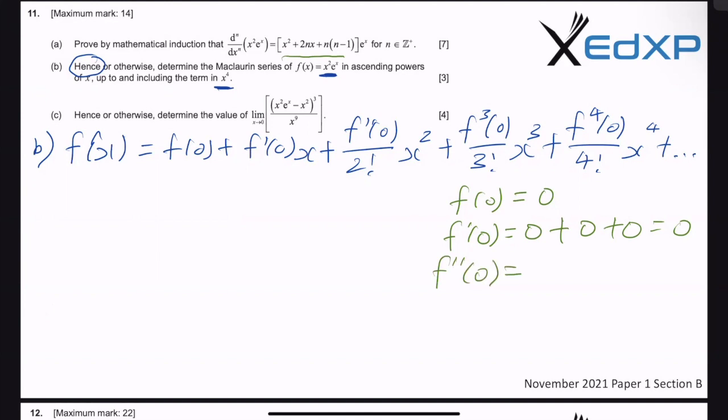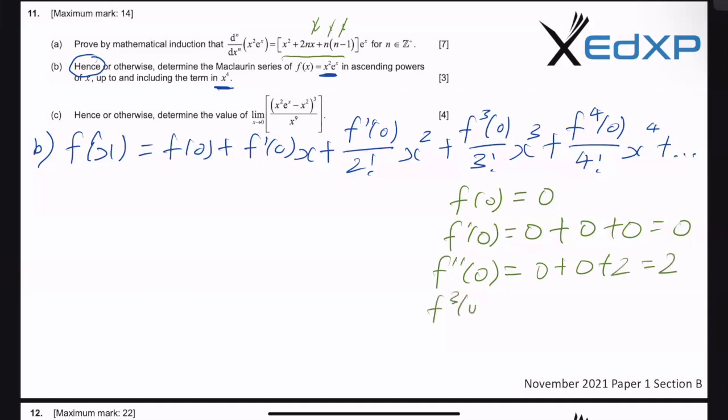always remember that the n over here is the derivative number. So for second derivative, n is 2. In which case we get 0 plus 0 plus 2 times 1, which is 2. I hope everyone understands this.